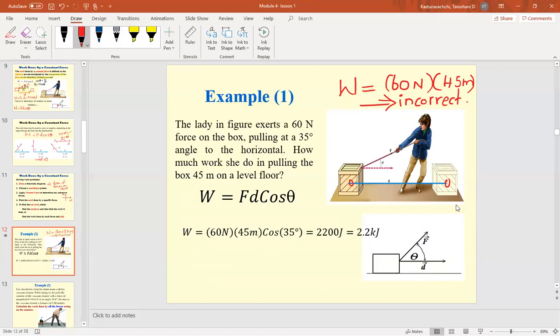Remember that force and displacement should be parallel to each other. As we saw on the previous slide, it should be F d cosine theta, because then I'm looking at this component. Now what is my angle theta? In this problem it is straightforward: the angle is given as 35 degrees. That gives me 2200 joules. It follows everything: two tails together, and I know theta. That's a very simple one.